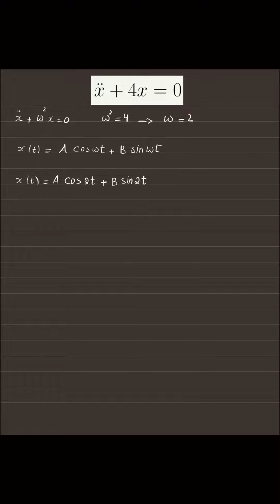Okay, but it is given in the problem that x of 0, the particle initially is at the square root of 3, and the particle is projected with the speed 2 towards the origin.